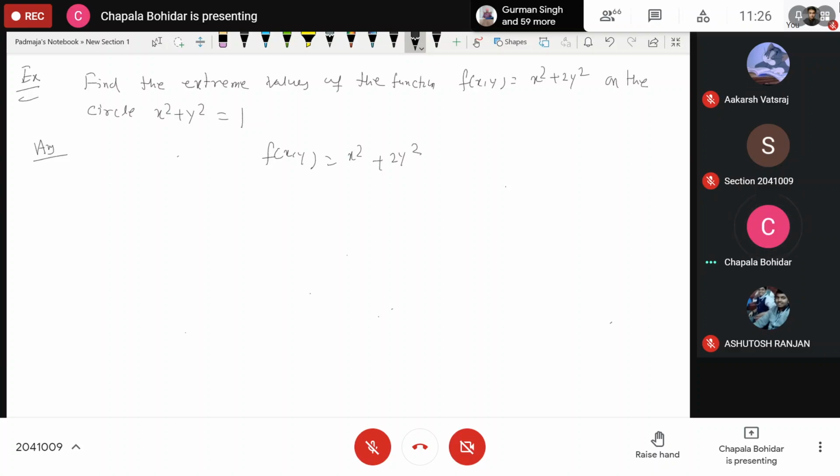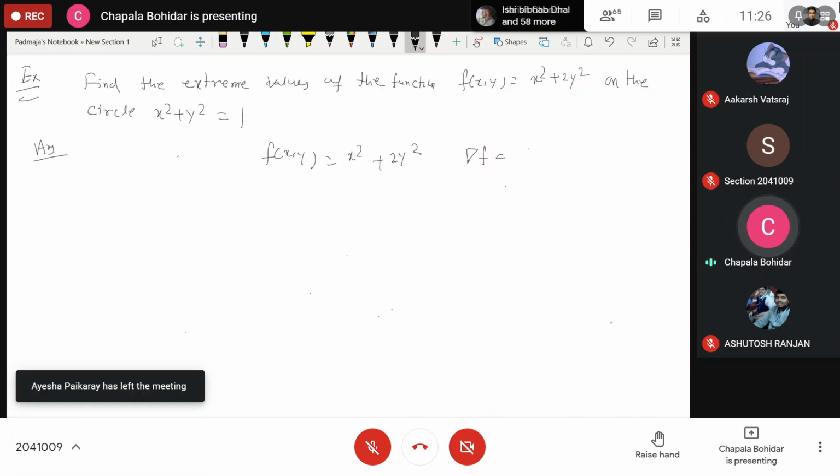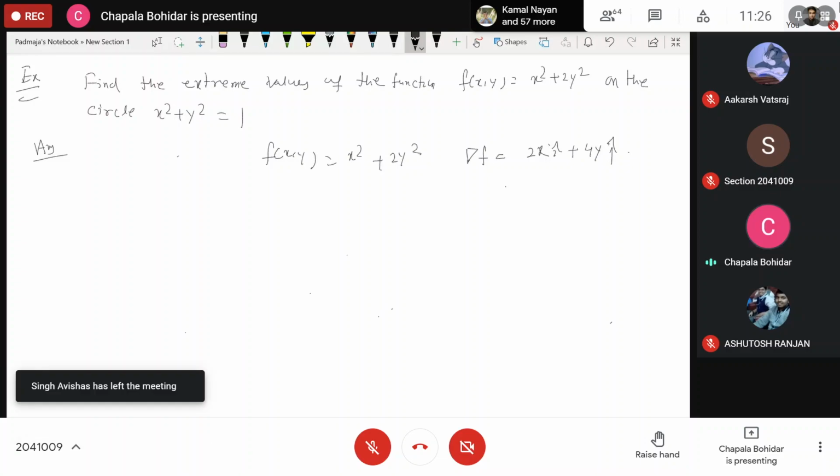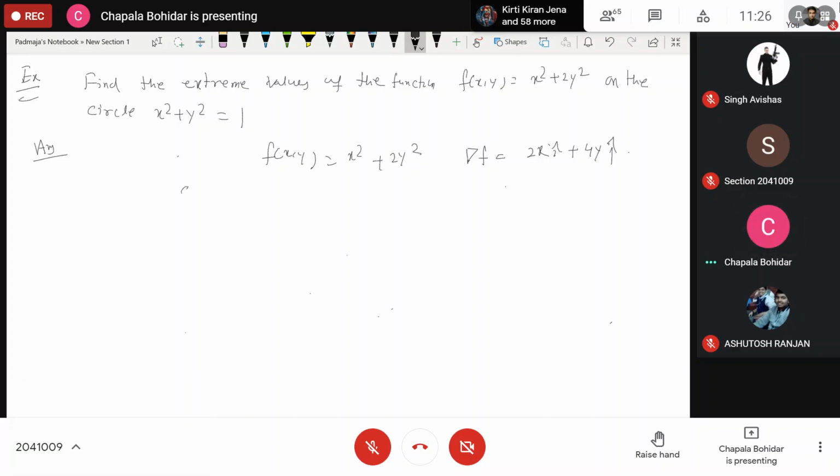Okay. Grad of f is equal to del f by del x, that is your 2x i, and del f by del y, that is 4y j. Is it not? And subject to the constraint x square plus y square is equal to 1.